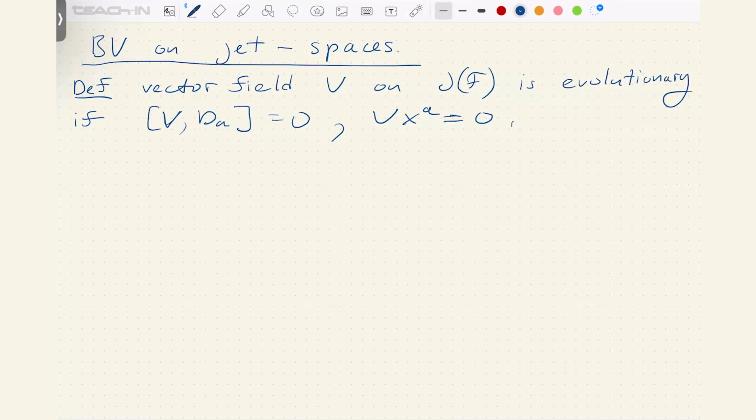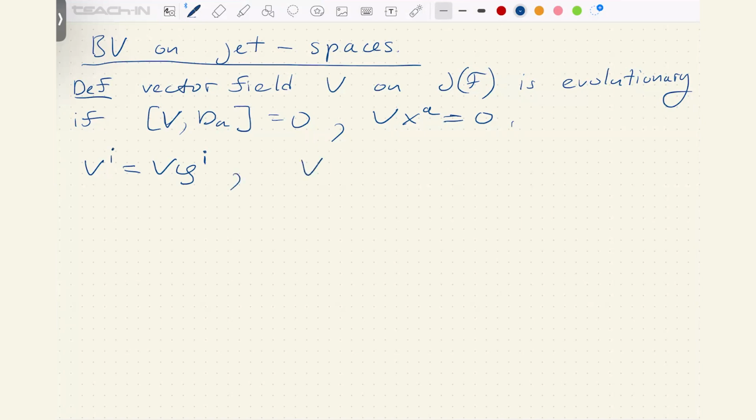And it's easy to characterize them because from the condition that they commute with total derivatives, it follows that it's enough to know, let's say we introduce V^i, which is V acting on undifferentiated fields, which means derivative coordinates on fibers of zeroth jets. And then these V^i are local functions, right?